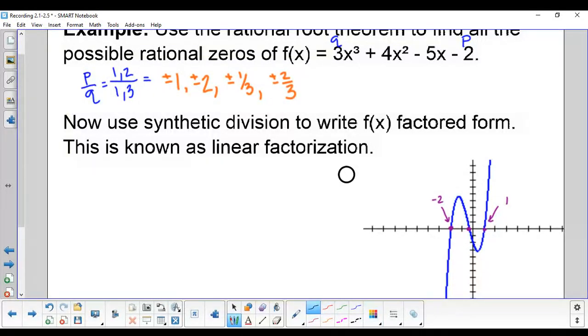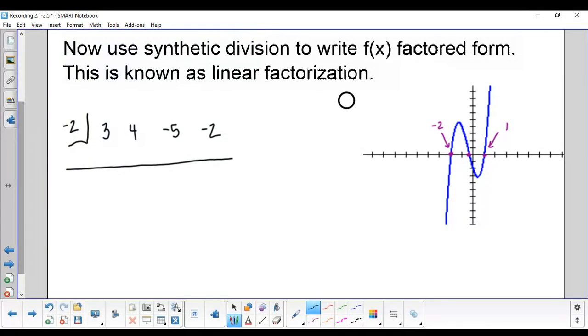On my shelf, I'm going to place -2 because it's the farthest left zero. I'm then going to take each of the coefficients and place them on the top line so that I can set up to do my synthetic division. When doing synthetic division to break down a polynomial, you'll see a lot of the same process take place. Recall, in synthetic division we drop our first number and then multiply.